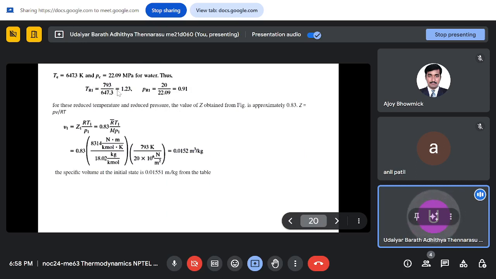So the reduced temperature is 1.23. Correspondingly, reduced pressure at state 1 is 20 by 22.09, which is the critical pressure, which will give me 0.91.